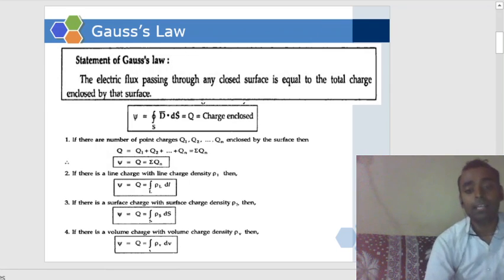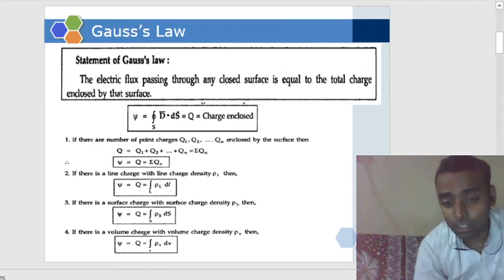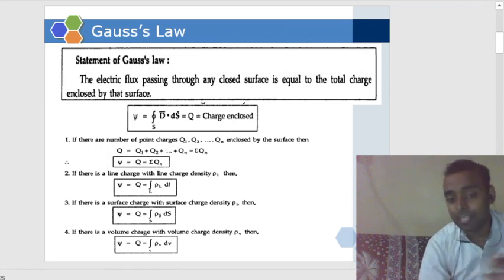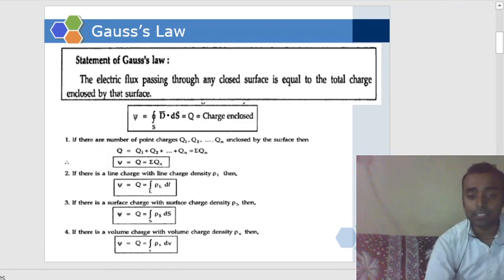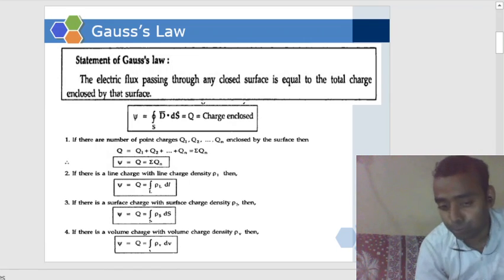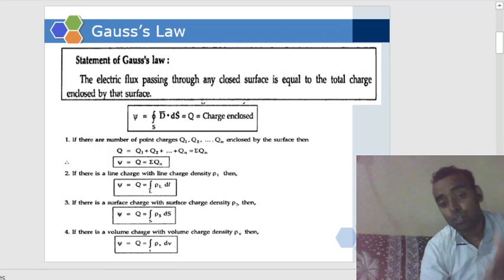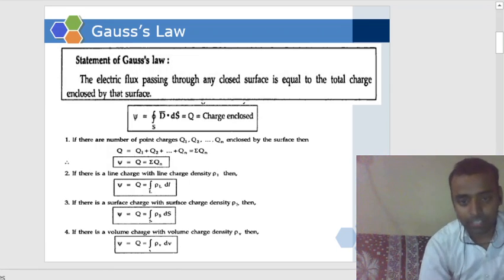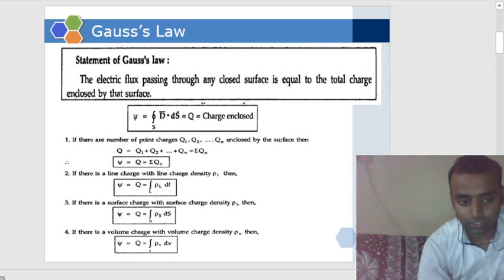The surface integral of D dot dS is equal to the surface integral of rho s dS, in the form of surface charge. And at last, the surface integral of D dot dS is equal to the volume integral of rho v dv, in the form of volume charge. So we can equate the surface integral of D dot dS with any of the charge distributions.